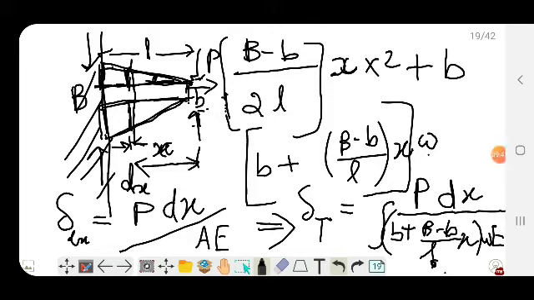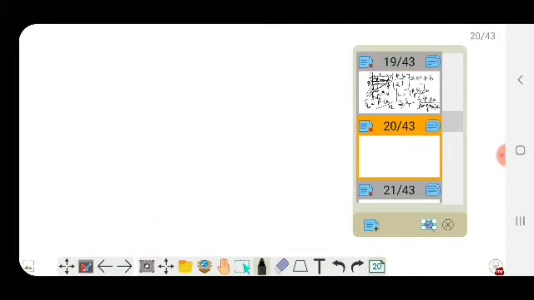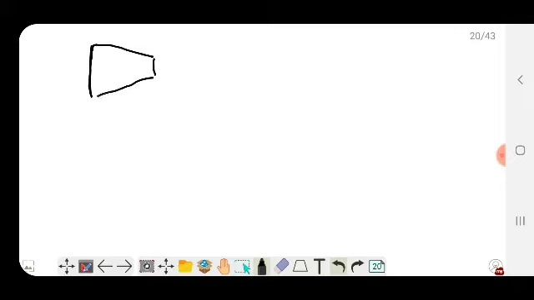And if we are considering a cylindrical body which is tapering in its cross section, we consider a particular small length dx at distance x from one of the extreme ends.